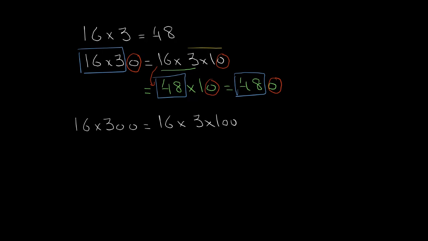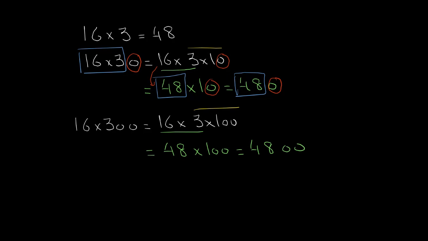First you have to multiply 3 by 100 to give you 300, and then multiply the result by 16. But I can use the associative law of multiplication to multiply 16 by 3 first. So I get the answer 48 multiplied by 100, which leads to 4800.